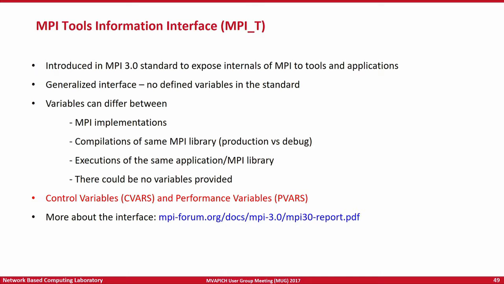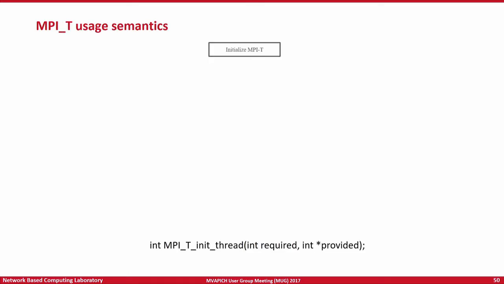This is how one would use the MPI-T interface. You would get the number of variables and query the metadata, and depending on what sort of variables you want, for performance variables you would allocate a session, interact with the variable, and finally free the session, or if it's a control variable, you would allocate a handle, make necessary modifications, and free it.